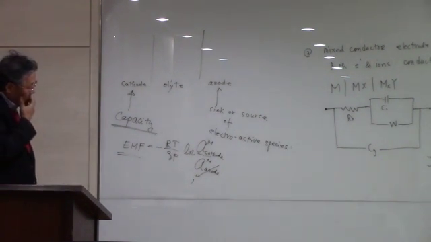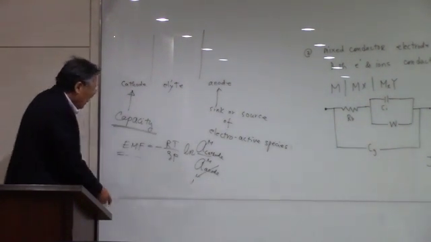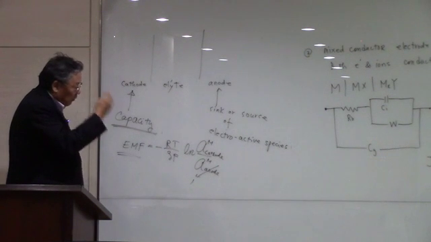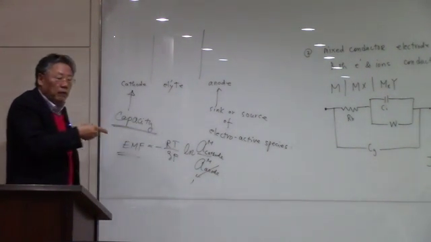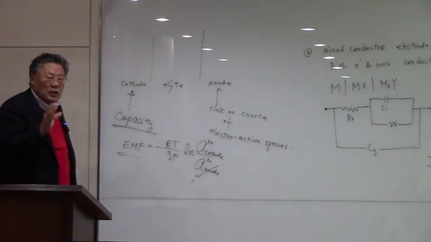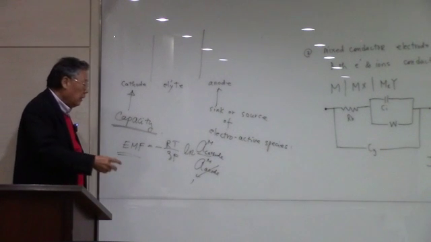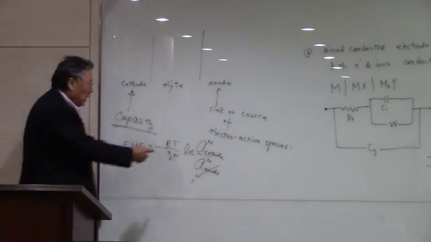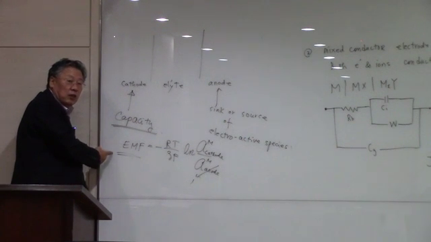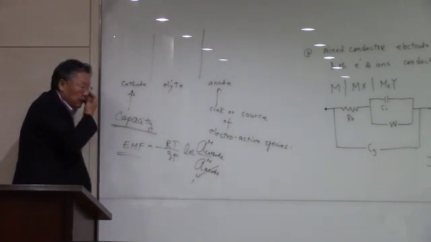Now, about the cathode, to have a good voltage here, we know the Gibbs phase rule. If this cathode consists of 2 phases, okay, then the change in the activity will not give you any variation in the EMF.